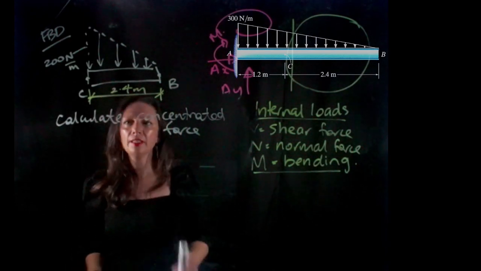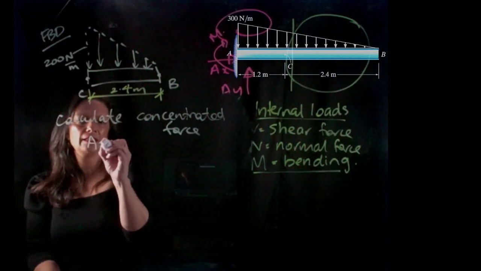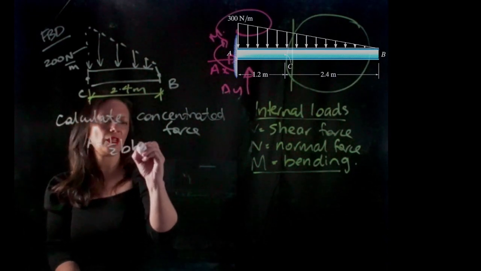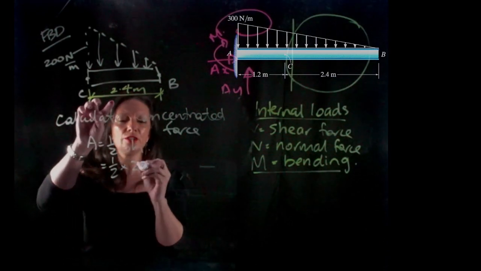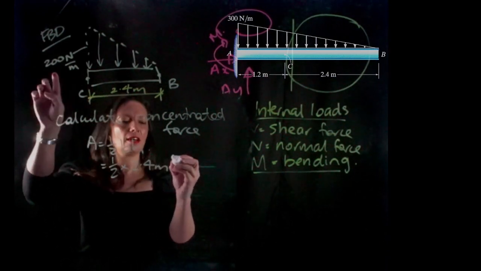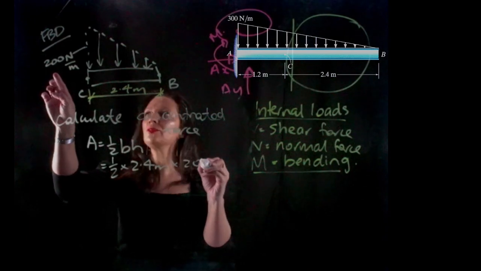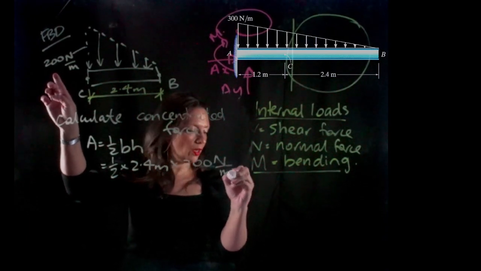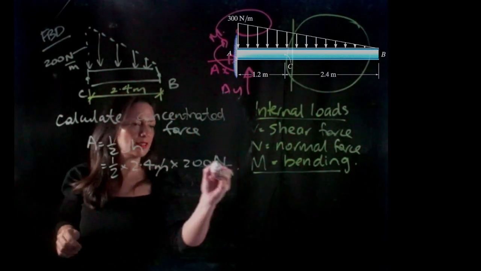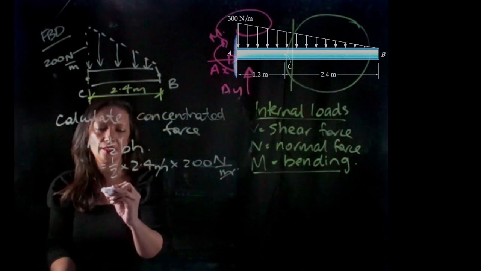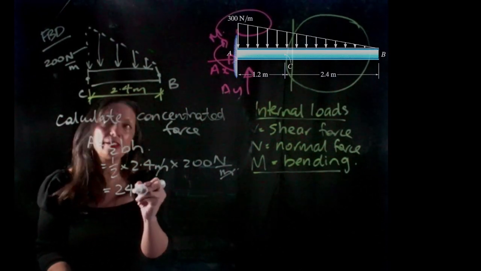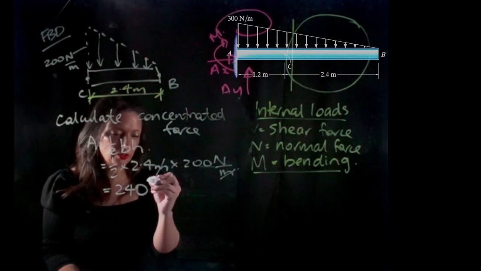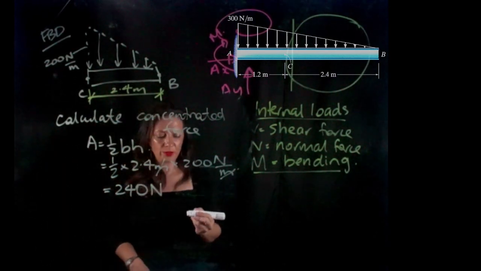And how do I calculate the concentrated force? It's going to be the area, which equals half the base times the height. So I have half, the base is 2.4 meters, the height is 200 newtons on the meter. The meters cancel out, and I can calculate my distributed force to be 240 newtons.